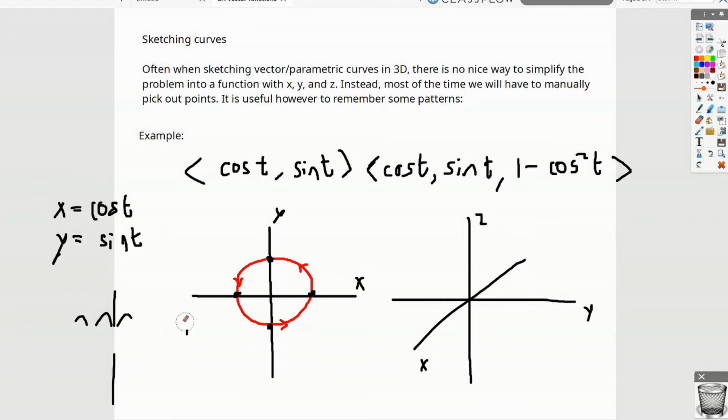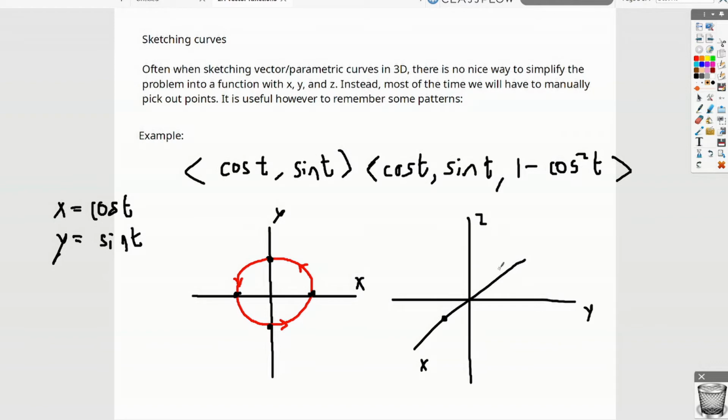So what you end up getting is, if you put t equal to 0, you will get 1, 0, 0. Let's say that's right here. And then if you plug in t equal to pi over 2, you will get 0, 1, 1. Let's say that's right here.